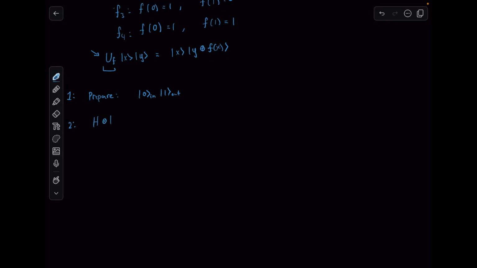So Hadamard tensor Hadamard on our input and output. And of course, this is going to give us (0 plus 1) over the square root of 2, and then (0 minus 1) over the square root of 2.